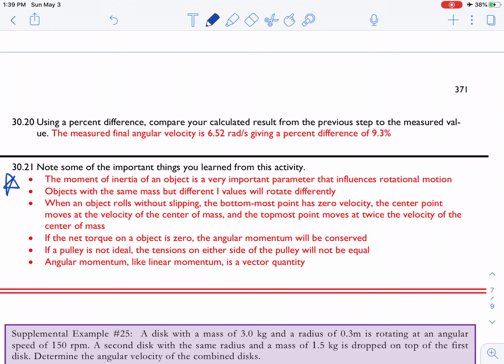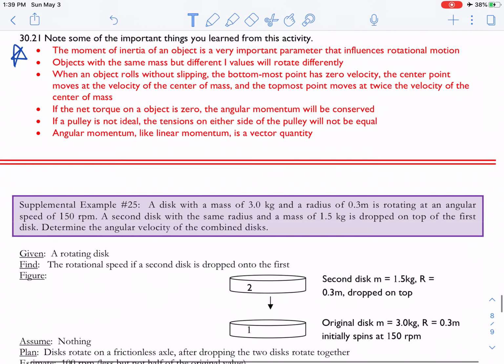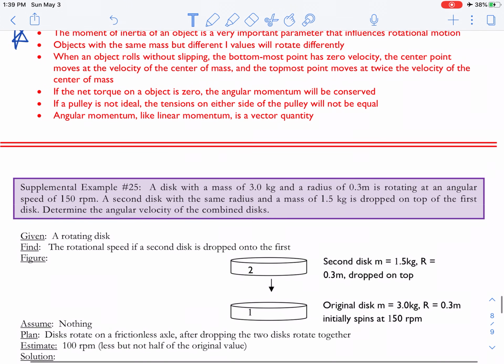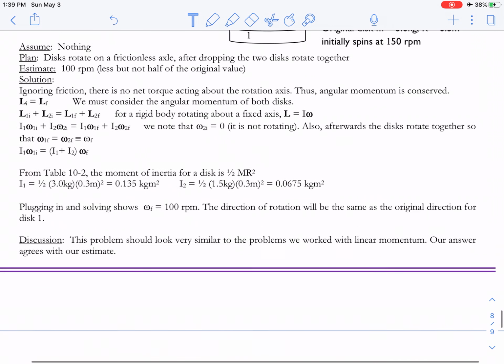And the angular momentum, like linear momentum, is a vector quantity. Okay, and if you ask me, angular momentum is more complex because of the cross products. It results from the cross product, which makes it pretty less intuitive compared to translational motion.